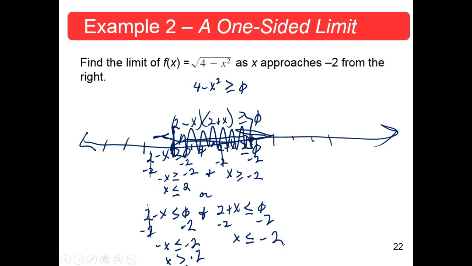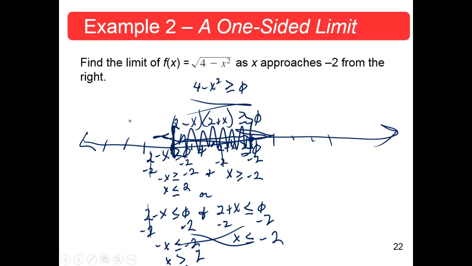Now, can you give me an x that's both greater than or equal to positive 2 and less than or equal to negative 2? Nothing fits that bill. These x's are out here, these x's are over here. Nothing in common. So this produces absolutely no viable values. So this is the only interval over which this is going to be true.